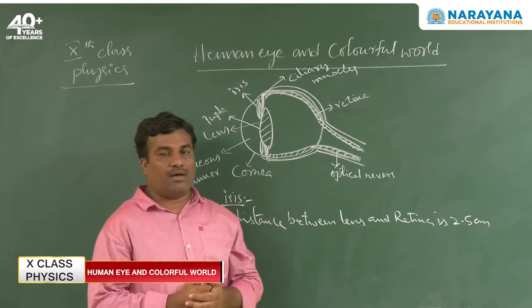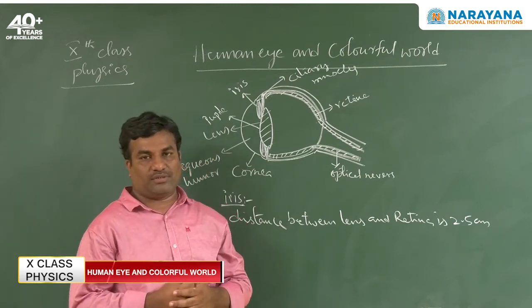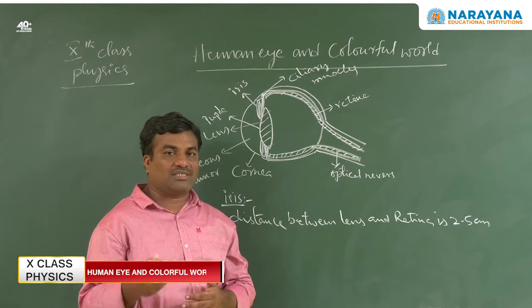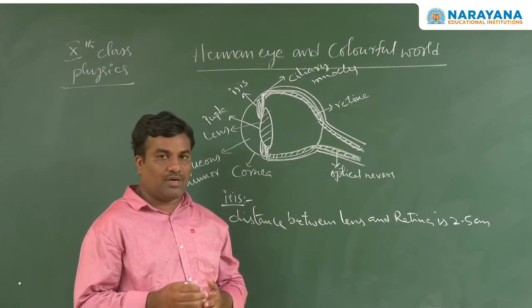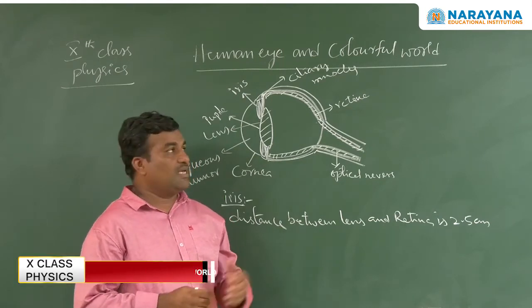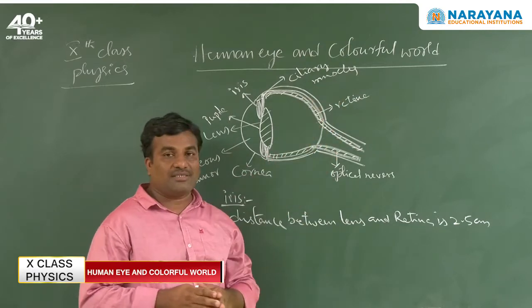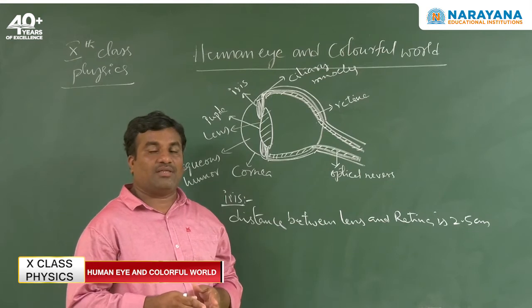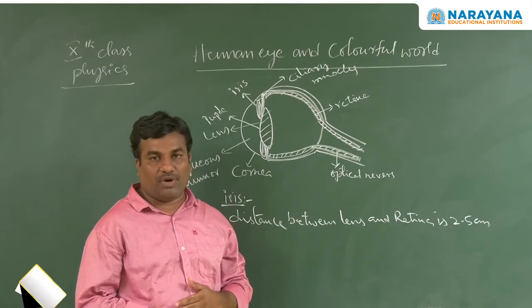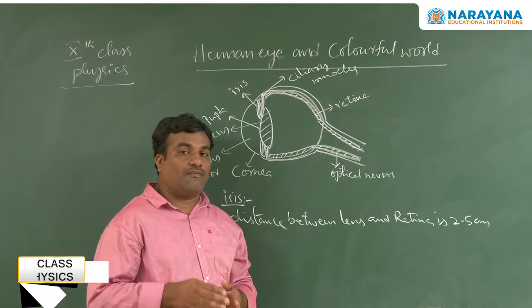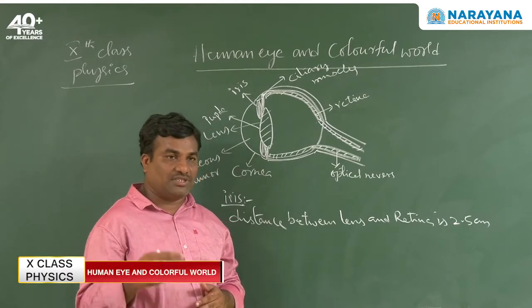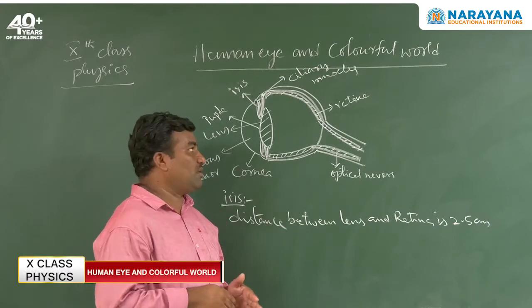First, a long distance object. When you focus on a long distance object, the ciliary muscles do not strain, they relax, and the focal length is maximum.